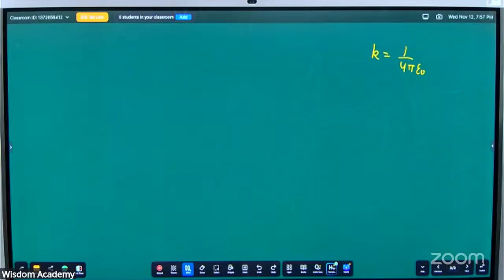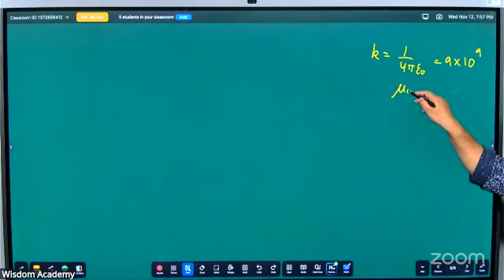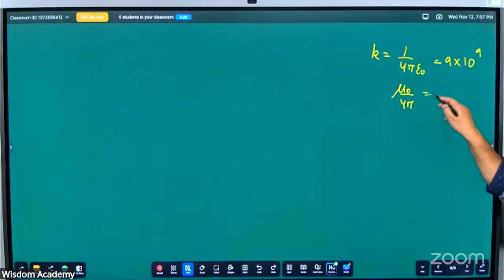First chapter. Its value is how much? 9 into 10 to the power 9. You know that mu naught by 4 pi is equal to 10 to the power minus 7. Yes or no? These both things you know, right? This is from the 4th chapter. And 1 by 4 pi epsilon naught is equal to 9 into 10 to the power 9 is from the 1st chapter itself. Mu naught by 4 pi is equal to 10 to the power minus 7.